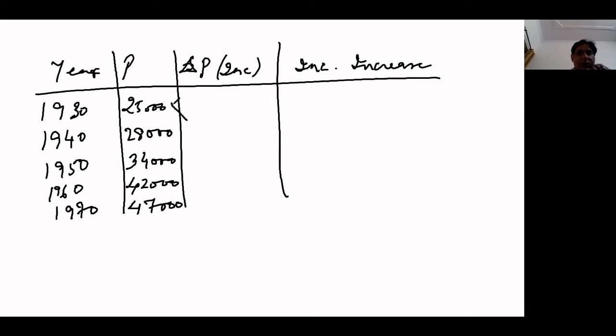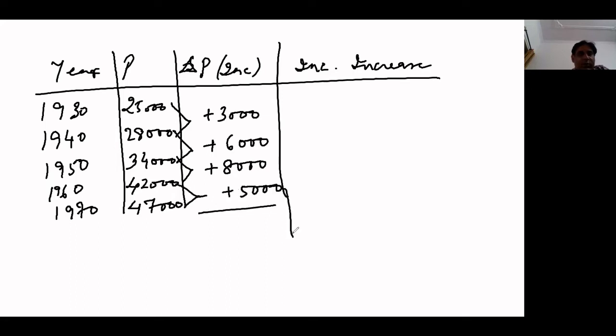Now what was the increase? Plus 3,000. X bar would be, right.